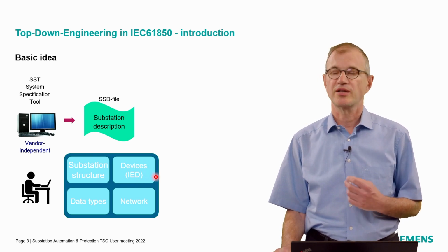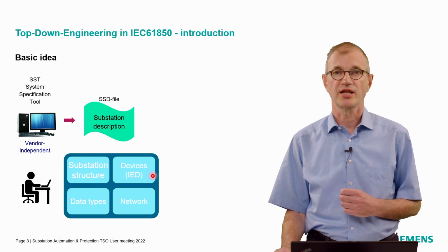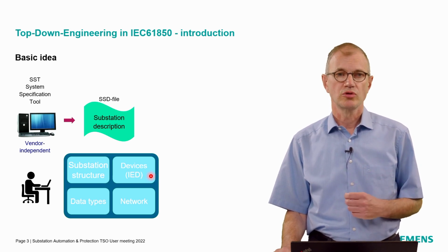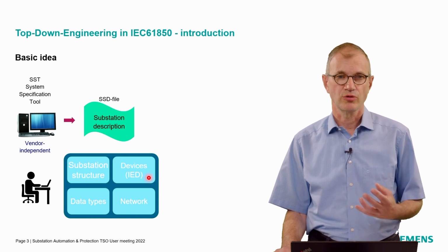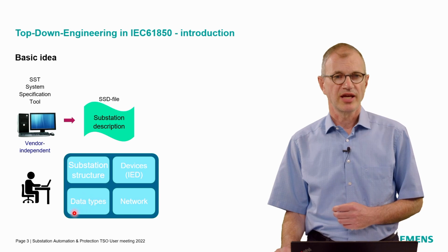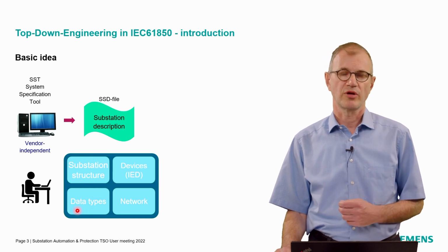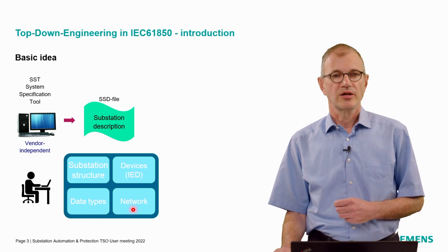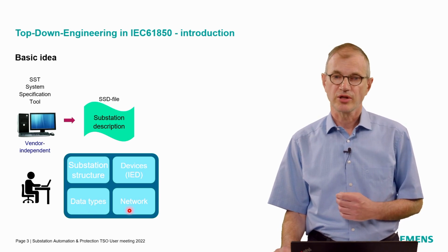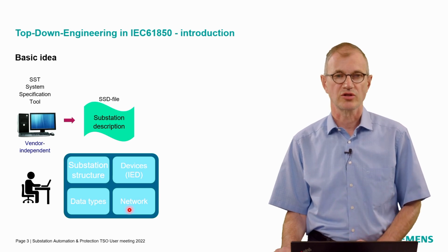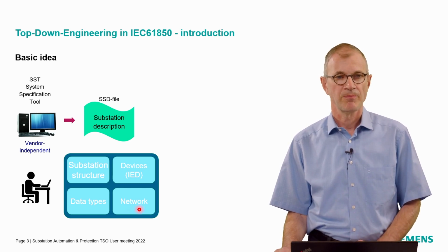Of course, this part is very interesting for a tool like DIGSI, which has the task to configure these IEDs so that you can operate them. Then there is a part data types. This is quite theoretical and not well readable by humans. And there is a network part describing communication relations, like GOOSE exchange of information, for example.